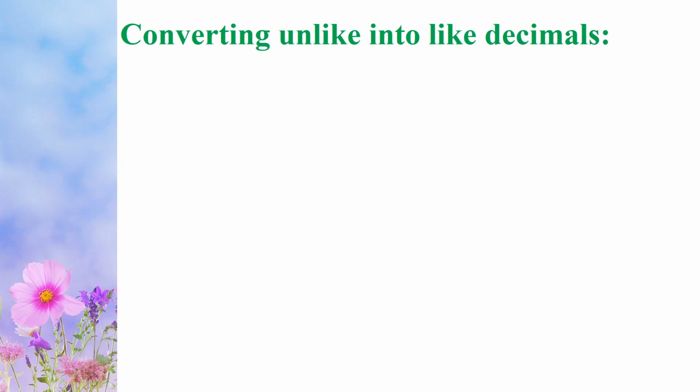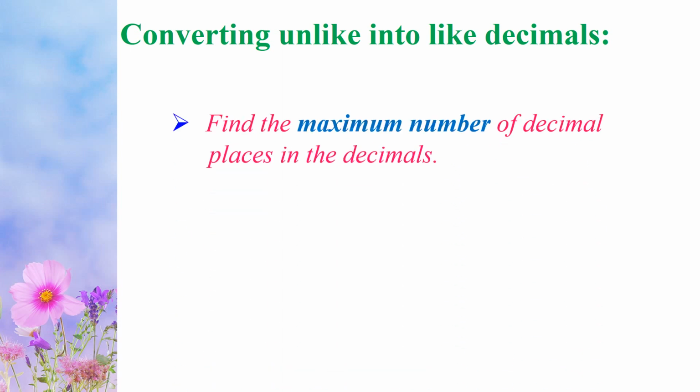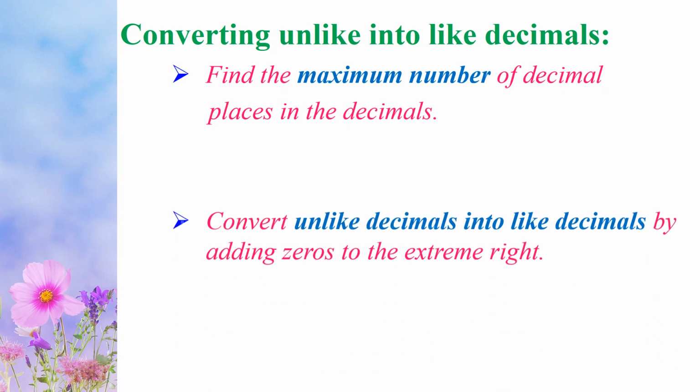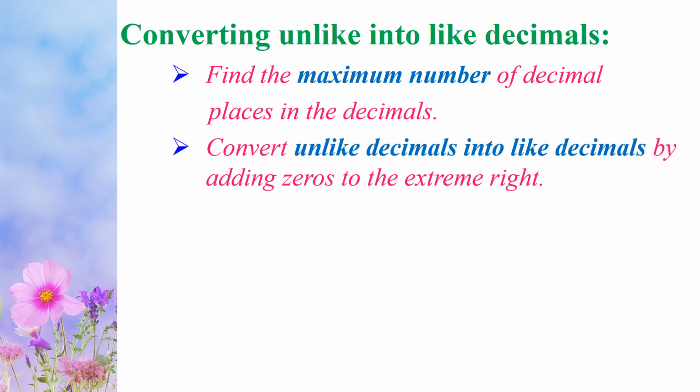Next, let us see how to convert unlike decimals into like decimals. Here we can follow 2 steps. The first one, find the maximum number of decimal places in the decimals. The second one, convert unlike decimals into like decimals by adding zeros to the extreme right. Let us see one example.